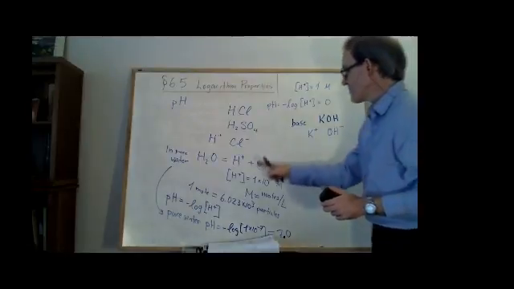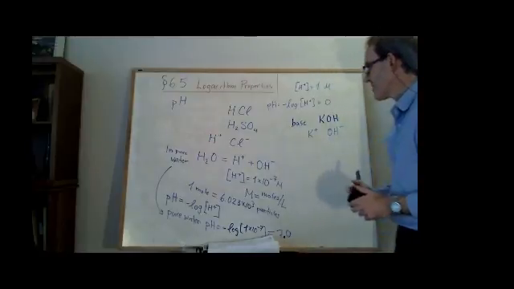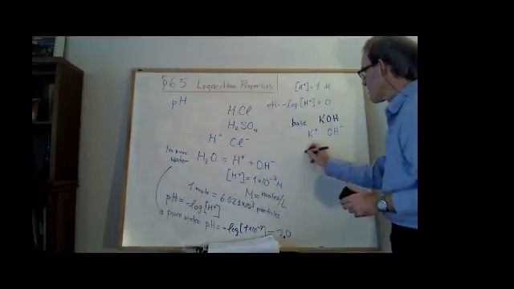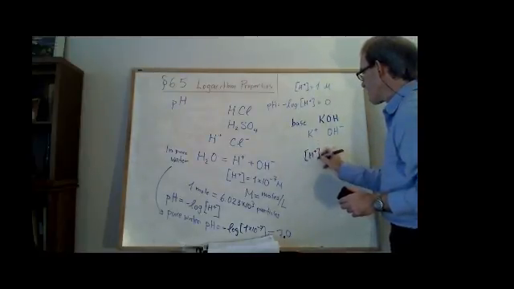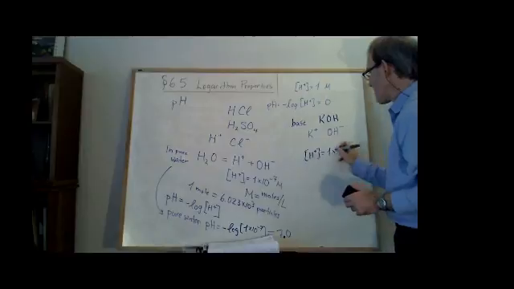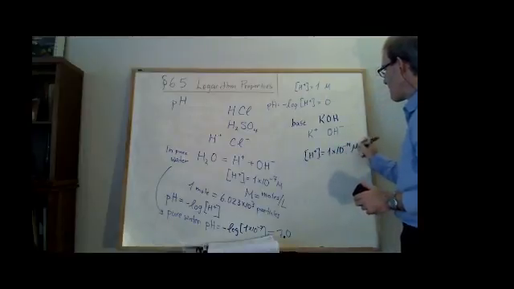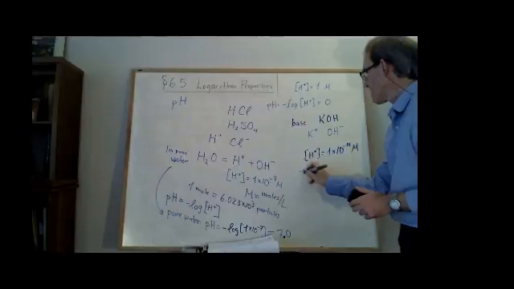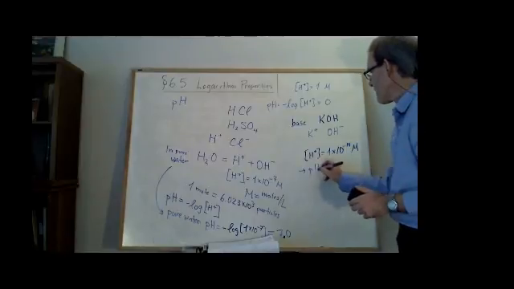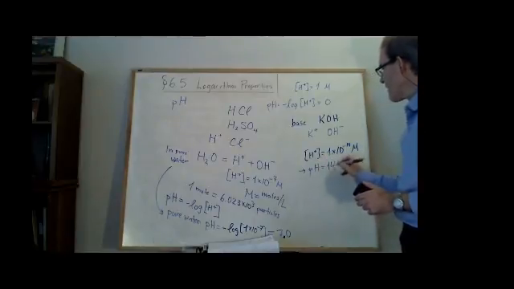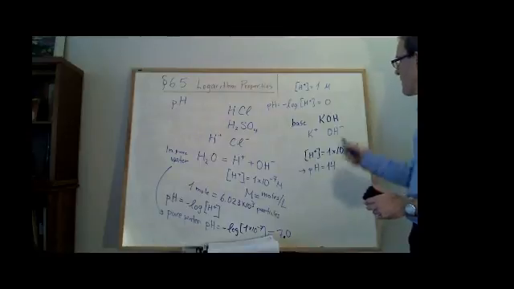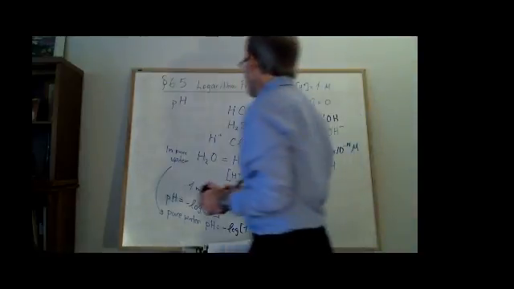So you can actually reduce it to smaller than 1 times 10 to the minus 7. So the lowest concentration might be H plus 1 times 10 to the minus 14 molar, in which case the pH would simply be 14. So the higher pHs correspond to more basic substances.